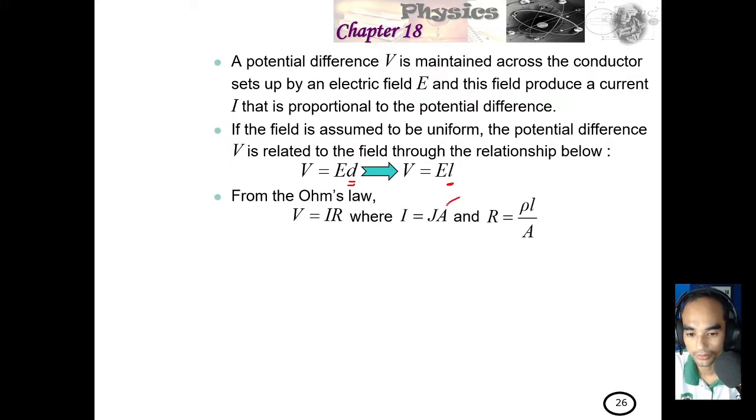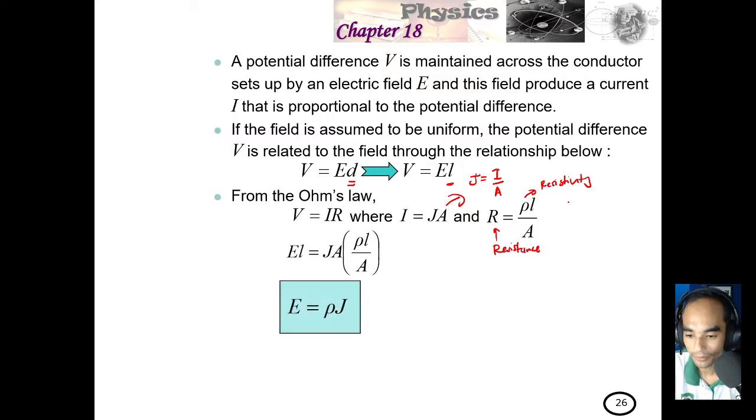Remember, J equals I over A is the current density, and R, the resistance, equals resistivity times L, the length, divided by the cross-sectional area A. So EL equals JA times rho L over A, so E equals rho J, where rho is the resistivity and sigma is the conductivity.